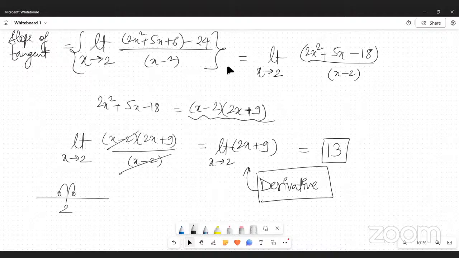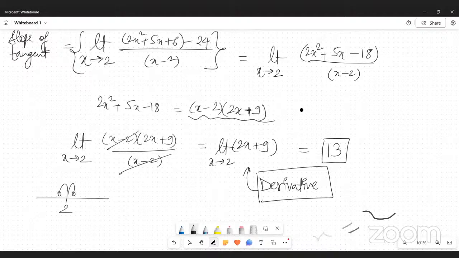Why, sir? Why is it 13? Because see, we earlier had this value. We evaluated this, and we factorized it like this. After factorizing, we learned that there was a factor of x minus 2 in both numerator and denominator.